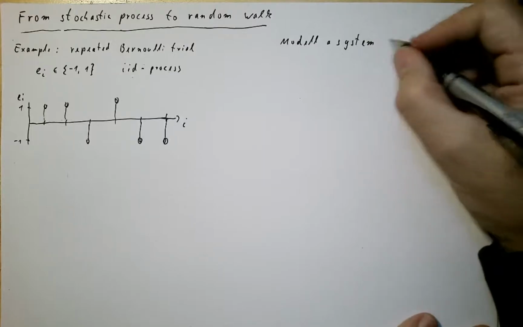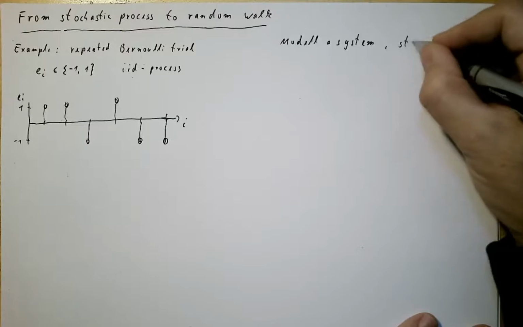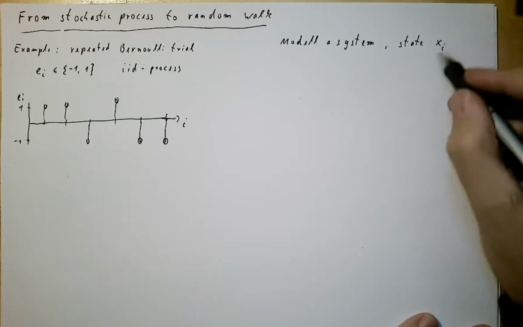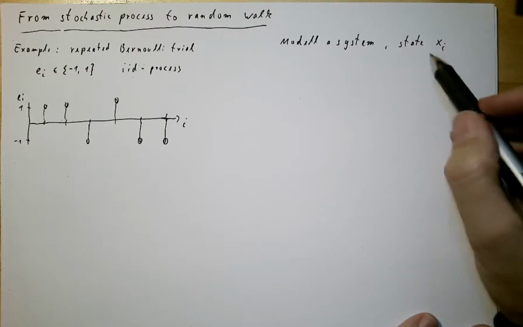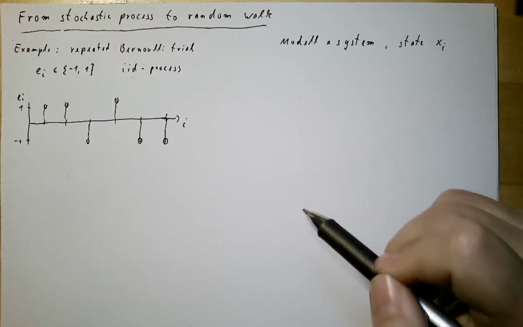The system is characterized by a state x at a certain time point i. So that's what we're interested in. We want to have a state of a system which depends on time.